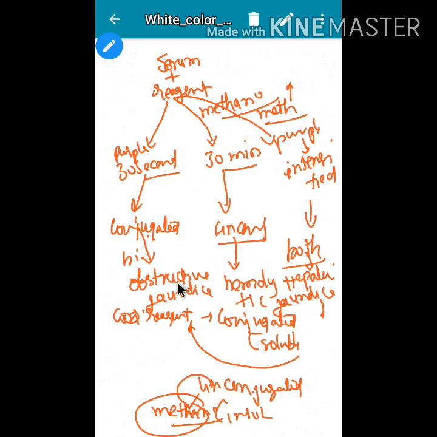And one more thing: the reaction in which there is purple color within 30 seconds is direct positive. Whereas the reaction which appears in 30 minutes is indirect positive.